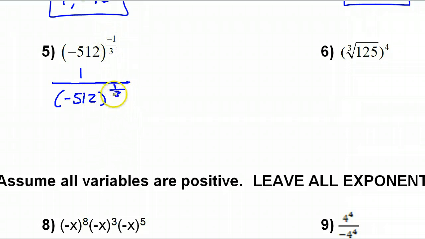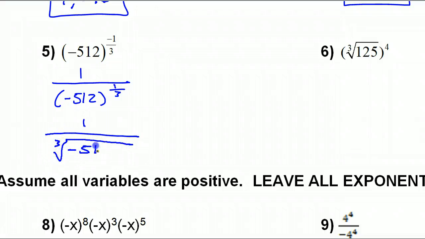So now we just need to do the 1/3 power. Remember, this 3 is the root, and the power of 1 is irrelevant. So this really is simply 1 over the cube root of negative 512.